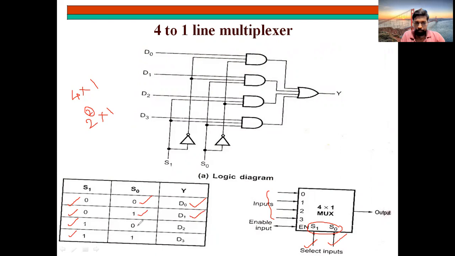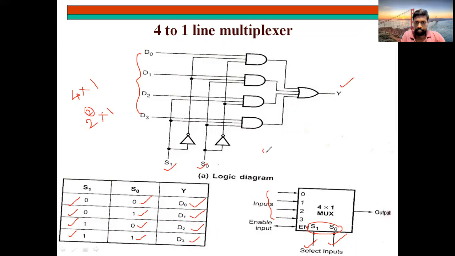For the third combination 10, the third input is taken to output, and for the fourth combination, the fourth input is taken to output. So for each combination, S0 and S1 are the deciders which among these 4 is taken at your output.